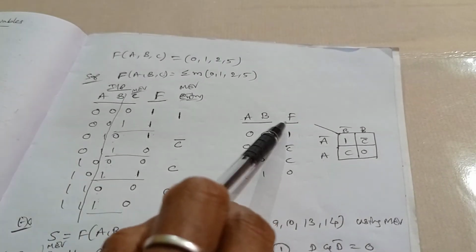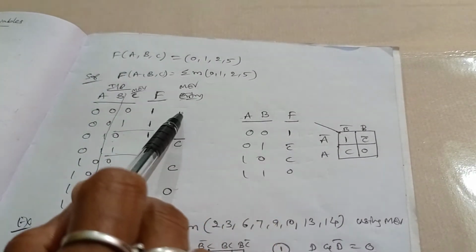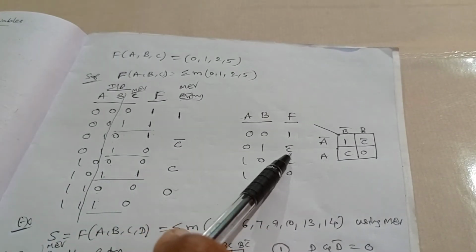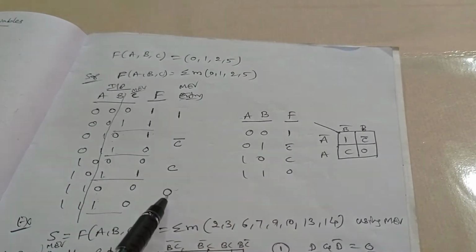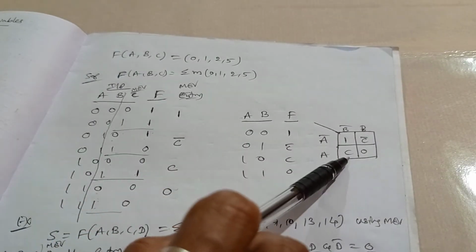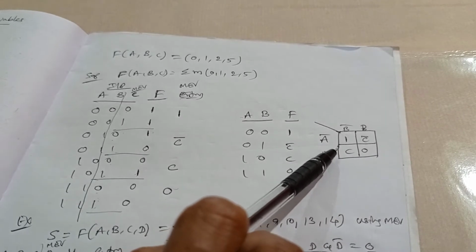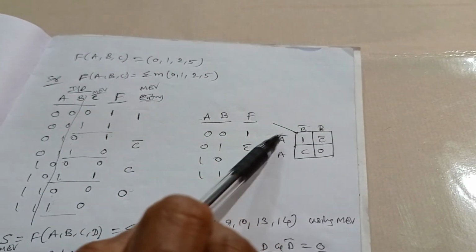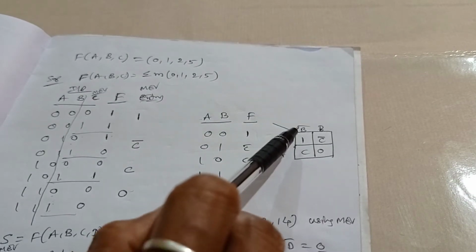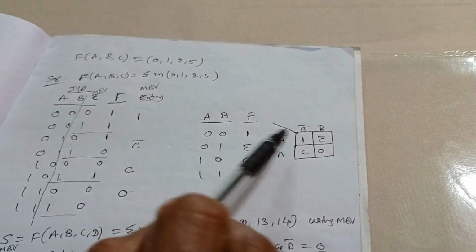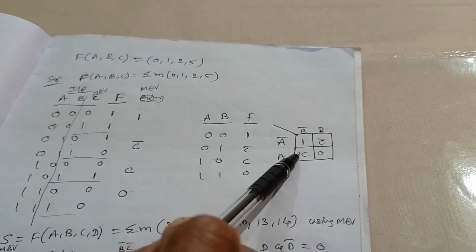Now the function f output becomes 1, C bar, C and 0. For this we'll draw the K-map. This is the K-map, only a 2-variable map with A and B: A bar, A on one side, B bar, B on the other. Now you place 1, C bar, C, 0.